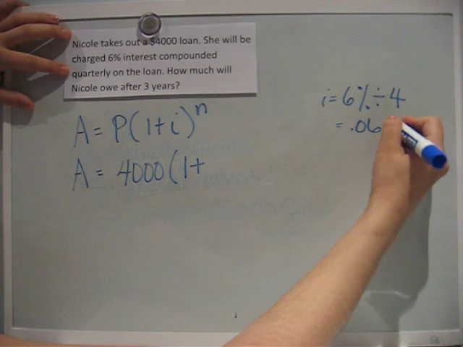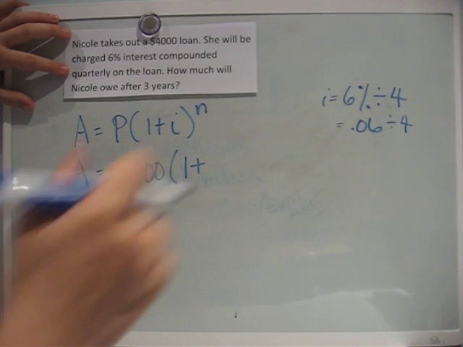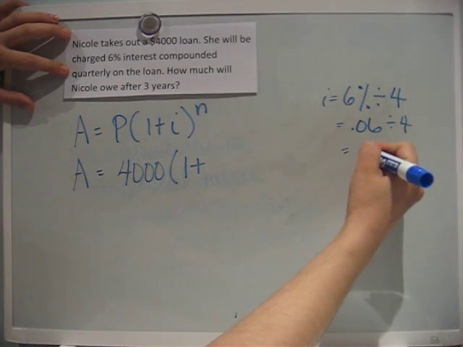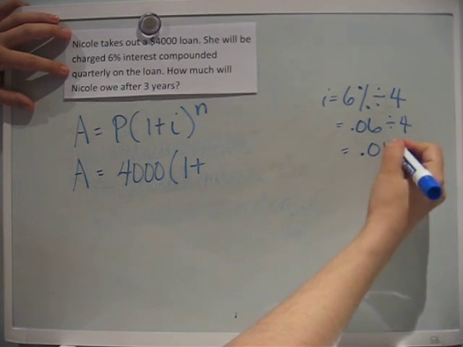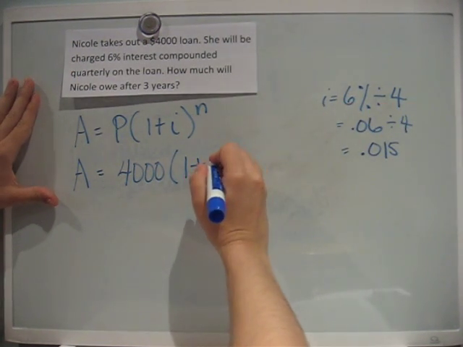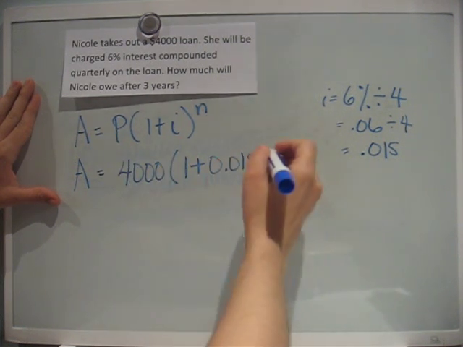That'll be 0.06 divided by 4, which is going to give us 0.015. So here we'll have 0.015 for our I value.